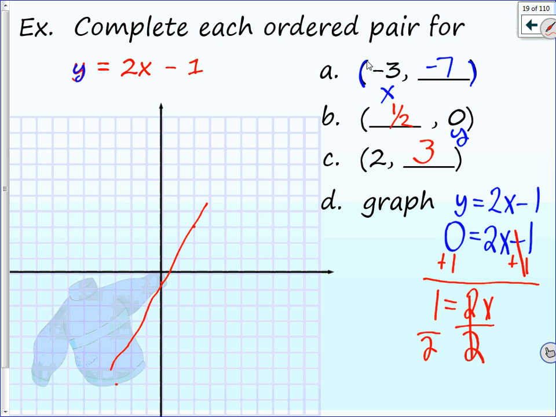Oh, what? Well, the line represents all the points on the graph.